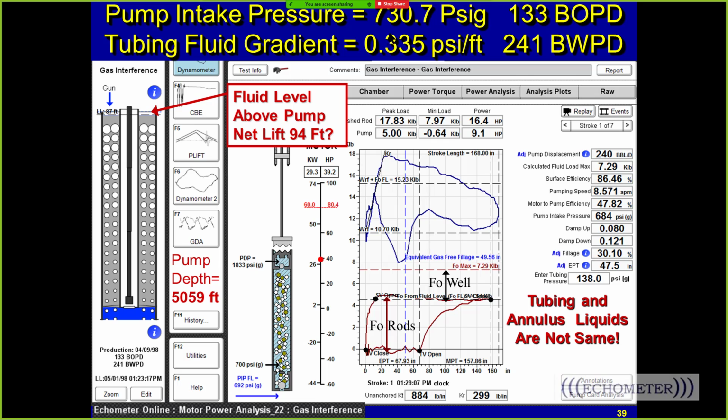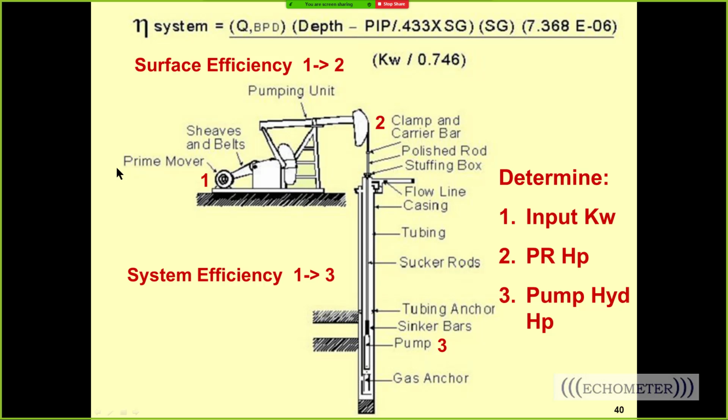Now, hold on. The pump intake pressure is about 700 psi, and the tubing fluid gradient is 0.33, but the annulus gradient is pretty light. So we don't use the gradient of the fluid in the annulus, we use the gradient of fluid in the tubing to calculate the hydraulic horsepower.